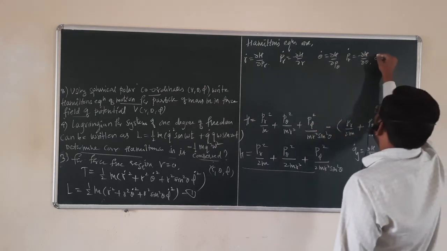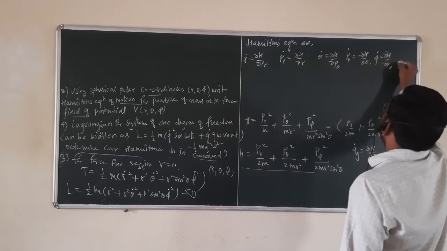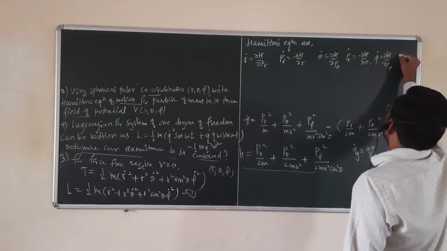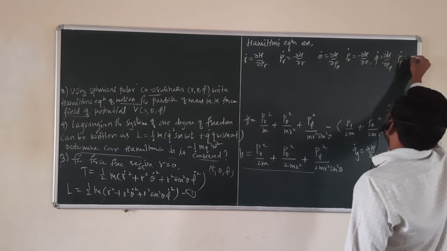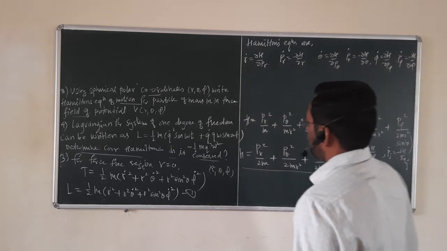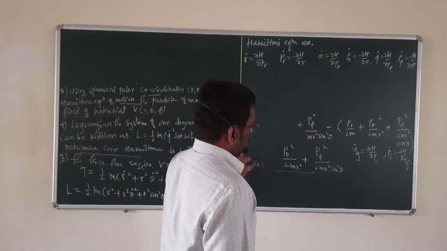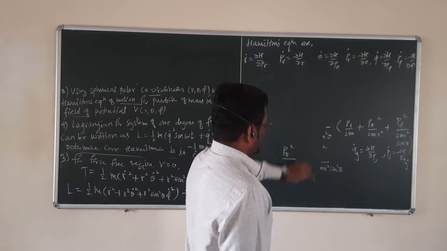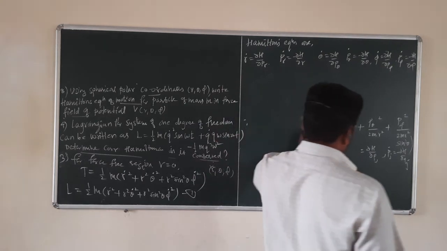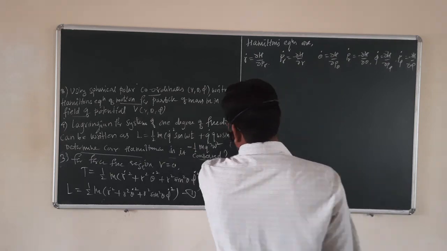And phi dot is partial H by partial P phi, and the last one is P phi dot is minus partial H by partial phi. So these are the Hamilton's equations, from which we can obtain this Hamilton's equation.